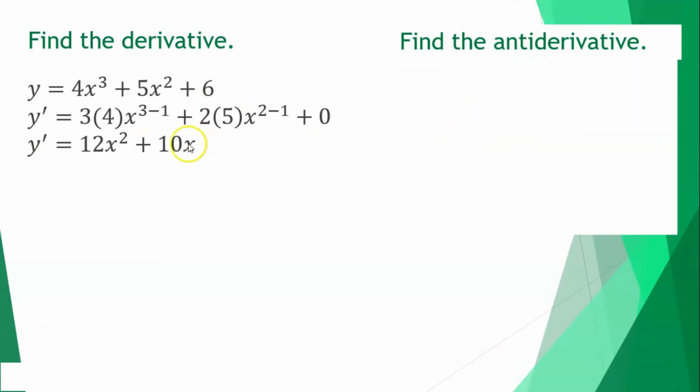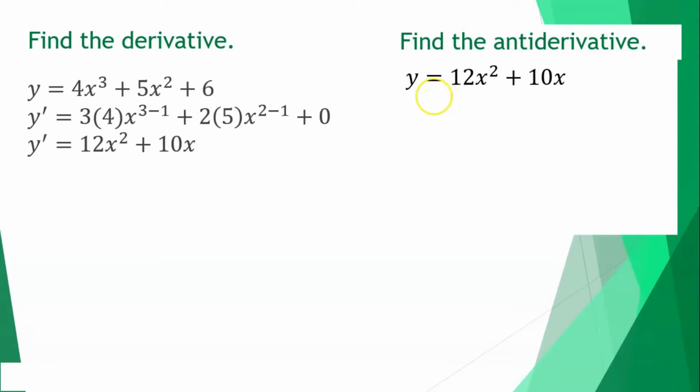Given the same equation, if we're given 12x squared plus 10x, we will get its antiderivative. Take note, when we solve for the derivative, we multiply then subtract 1. So for the antiderivative, we add 1 to the exponent, and divide the given coefficient by the new exponent.